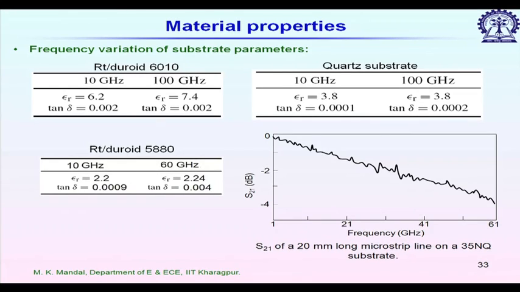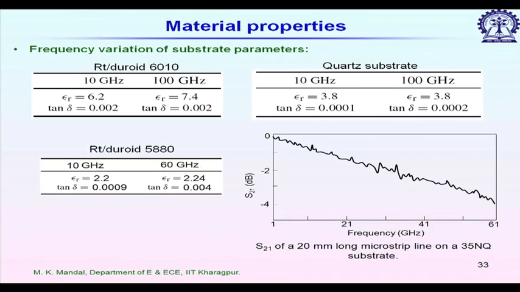At millimeter wave frequencies, if the loss is 3 dB, that means half of the power is already wasted; you are receiving only half of the incident power. Then there might be some other sources of losses, so that we have to learn very carefully.